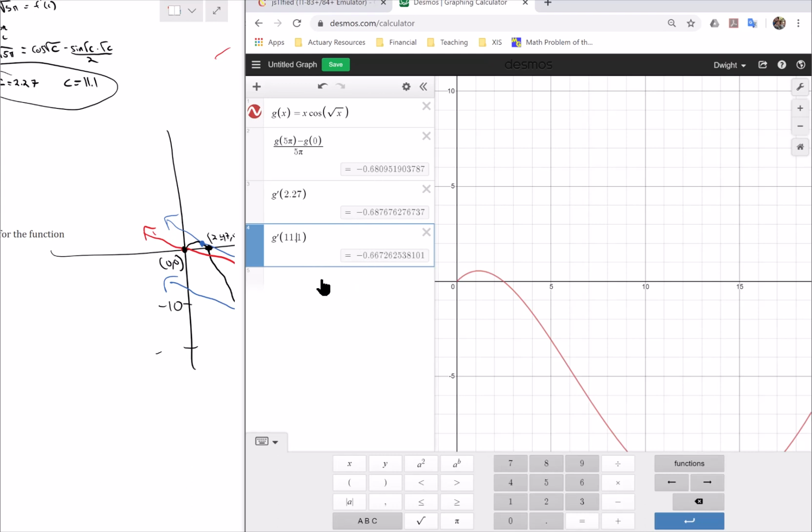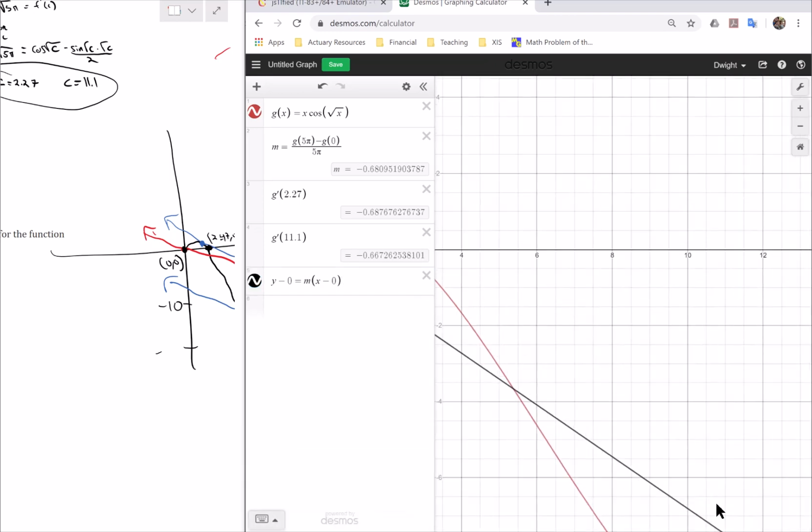And so what we're saying is if I drew the secant line through this point, let me go ahead and call this a number. Let's call this m. If I wrote the equation of the secant line, which is y minus 0 equals m times x minus 0, that's the equation of the secant line.